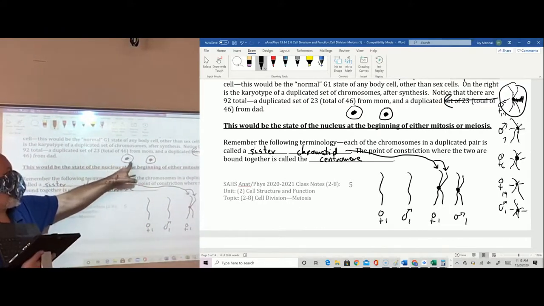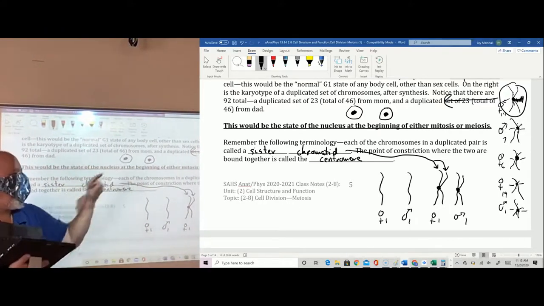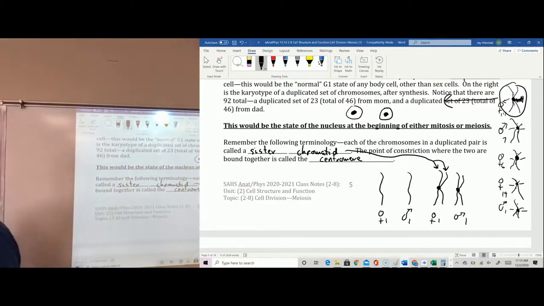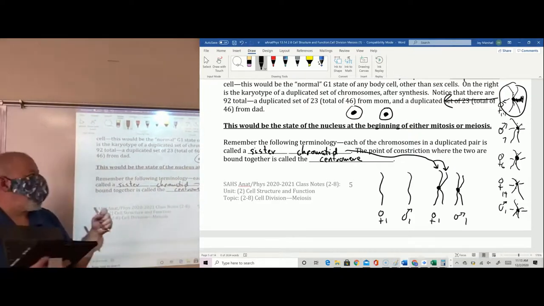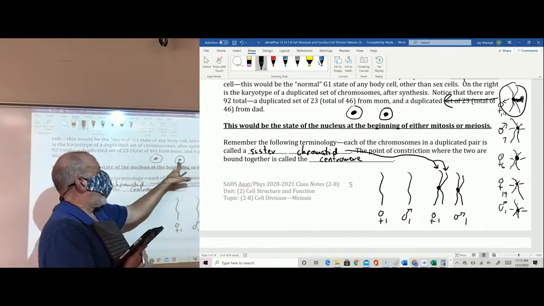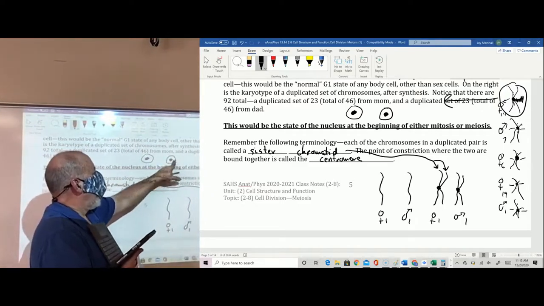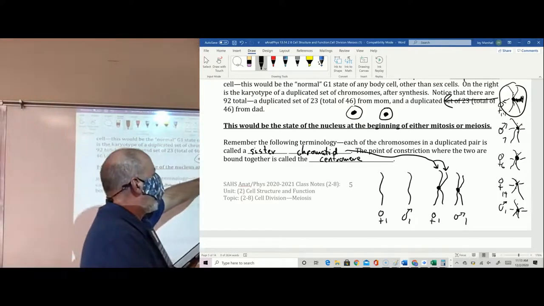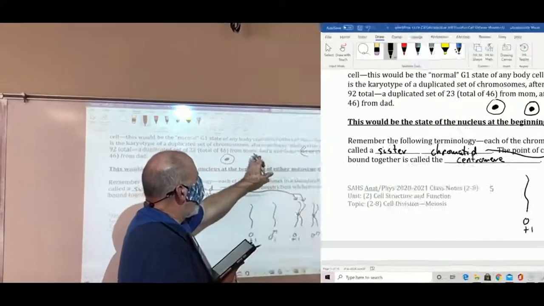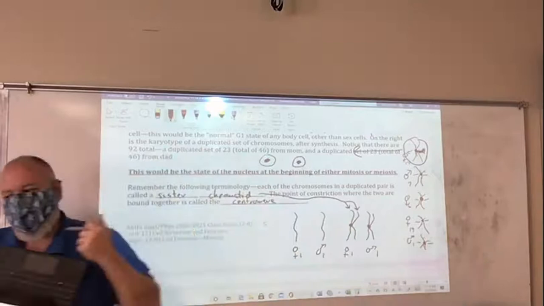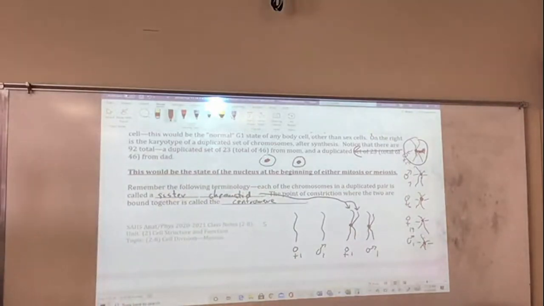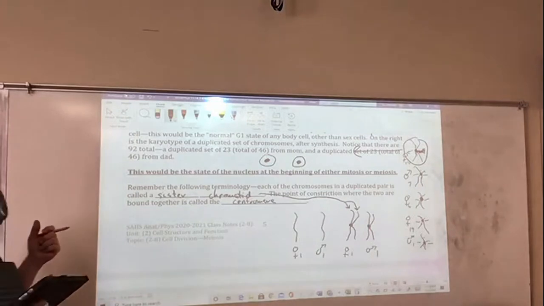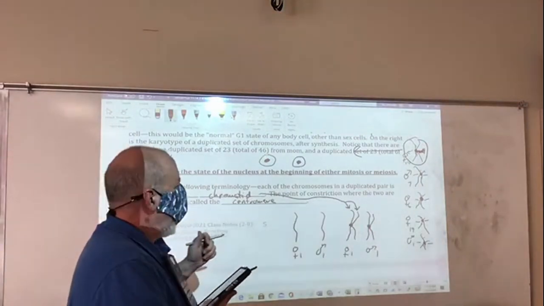Half of my cells would now have 2 chromosome 14s from mom, and half of my cells would have no chromosome 14s from mom. They'd still have a chromosome 14 from dad, but they wouldn't have a chromosome 14 from mom.